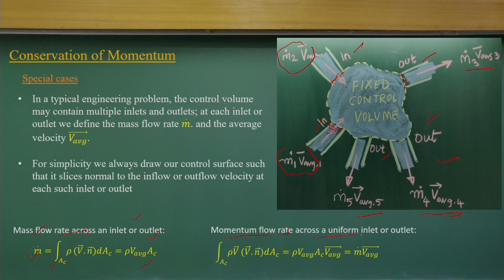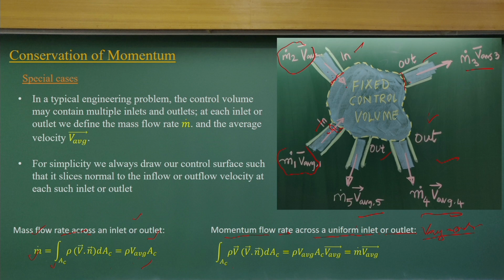If you assume a uniform inlet, that means the velocity is not changing, V average is constant, or the velocity variation is not there, that is what you call uniform velocity. That condition does not always hold, but in some cases we can simplify.